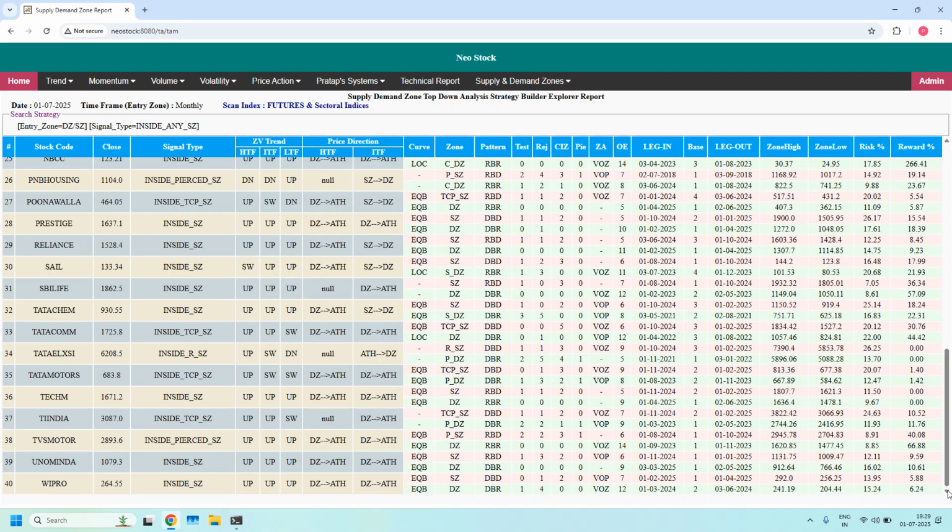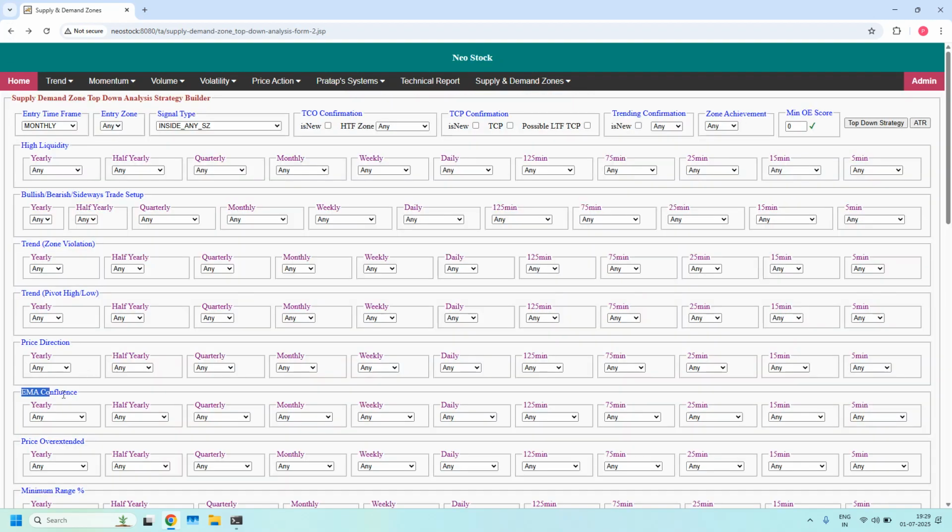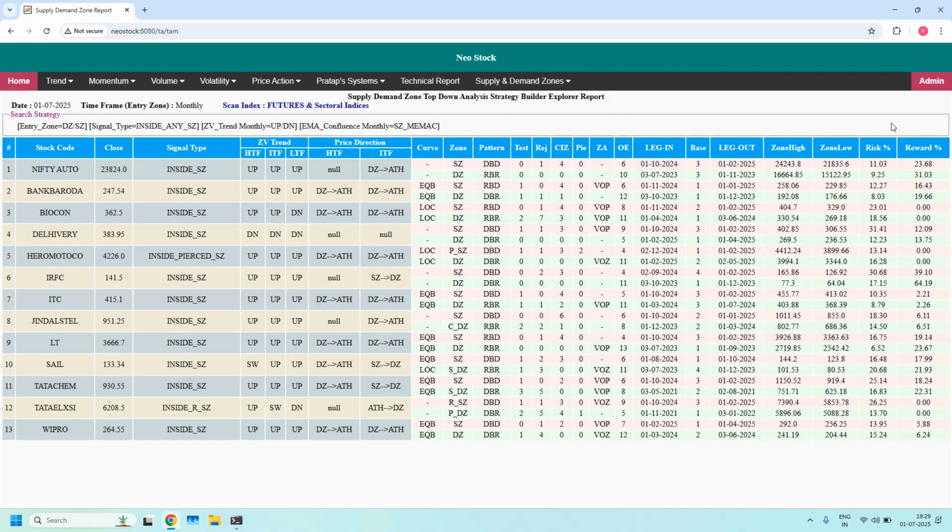And we can further filter this list based on monthly supply zone having monthly EMA Confluence, and also the trend on the monthly should not be sideways. It can be up or down. Now the list has come down to 13 stocks. Out of 40, only 13 stocks have a monthly supply zone with monthly EMA Confluence.